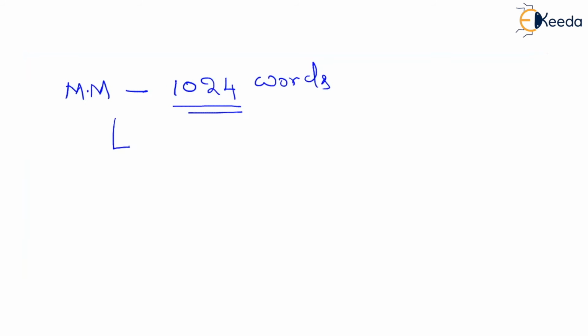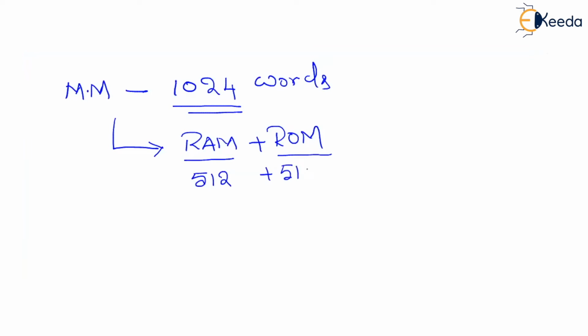You know that the main memory is a blend of RAM and ROM, right? The main memory should be composed of RAM and ROM. So I will use 512-word RAM plus 512-word ROM, which means that I have divided the capacity of main memory equally into RAM and ROM. That is 512 words RAM and 512 words ROM.